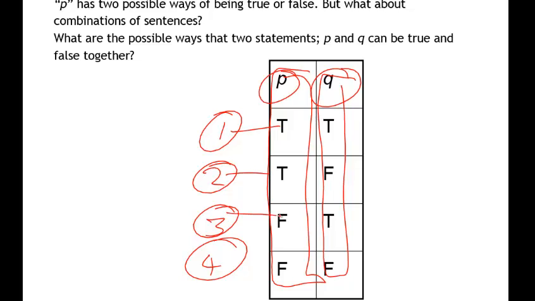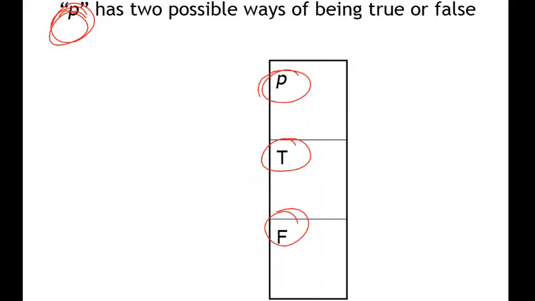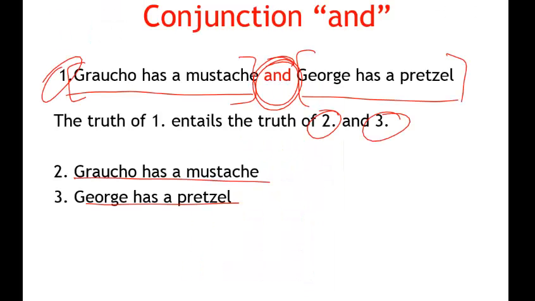In the first case, P is true and Q is true. Going back to our earlier example, if we have P here and Q here, in the first case, Groucho has a mustache is true.